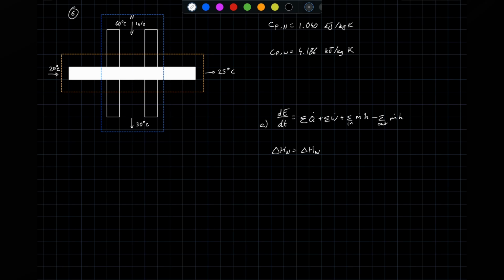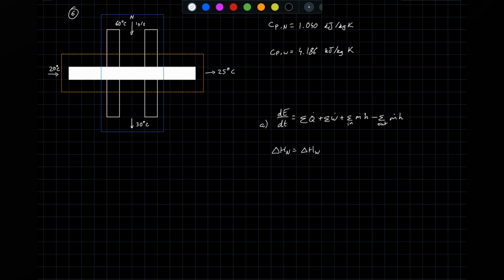Well, you can imagine looking at our energy balance above. If you just focus on the bit with the mass flows, the mass flow going into the pipe is the same as the one coming out of the pipe, which means that your only difference is the enthalpy between the entrance of the pipe and the outside of the pipe for each subsystem. So that's your delta H.